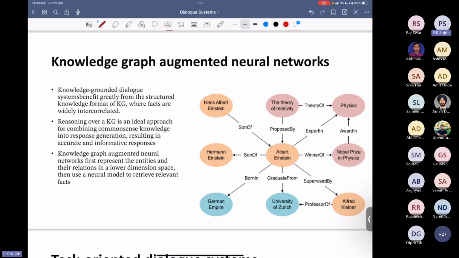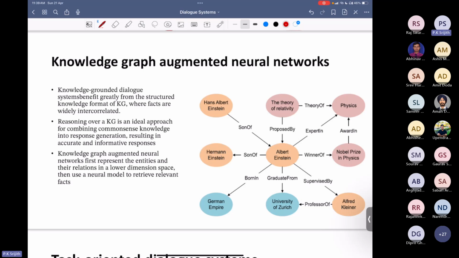To generate a proper response, one may have to traverse these graphs, give attention to specific concepts and relationships, and make use of them in the generation process. I haven't gone through deep learning models which do this specifically, so I'm not going to discuss that. But there are approaches where they combine these knowledge graphs with deep learning models in order to generate the system response.